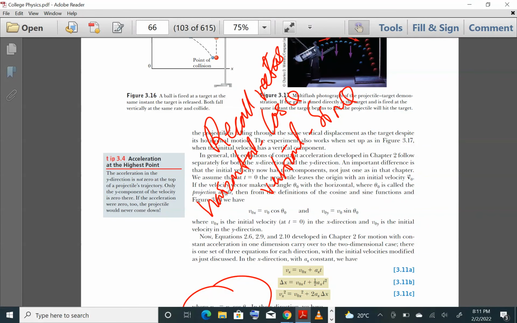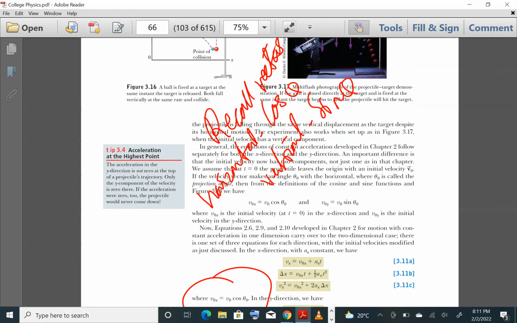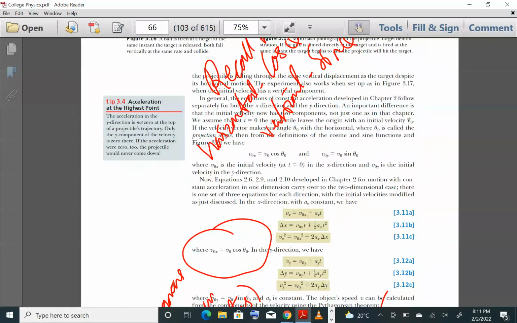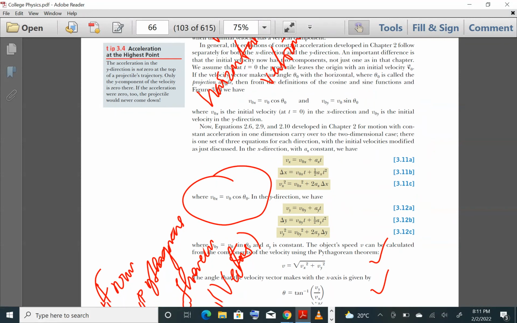You see there, for the initial velocity horizontal, we multiply the initial velocity times cos theta, whereas for the vertical component, the initial velocity in the y direction is the initial velocity times sine theta. Just like what we discussed during vectors.